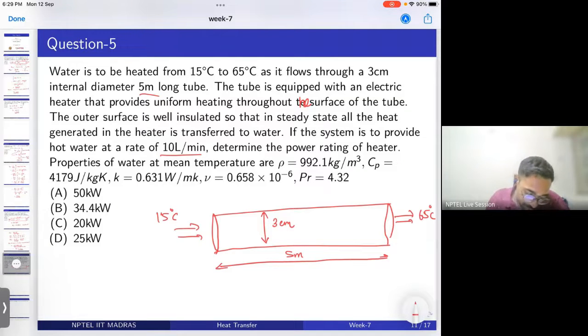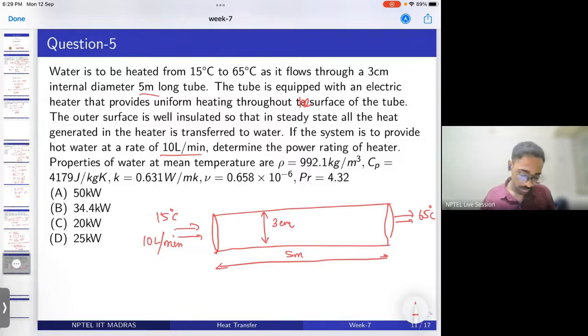So it should provide water at a rate of 10 liter per minute. We need to find out what should be the power rating of the heater that is wound to the surface of this tube, so that we will get the water delivered at 10 liter per minute at 65 degrees Celsius at the exit.